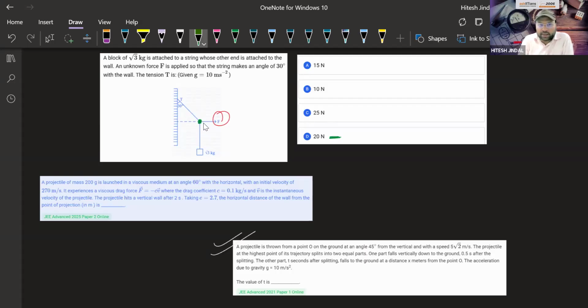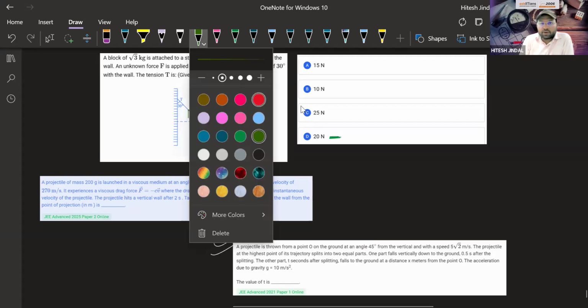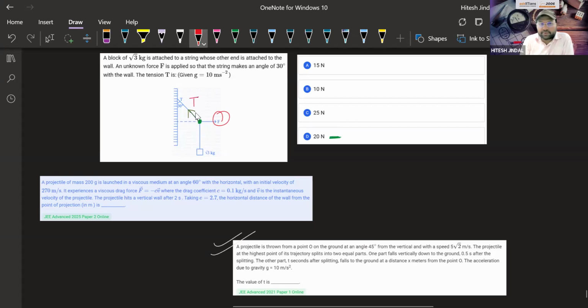The string must be pulling it like this, right? With force T, tension force. And also tension force would be here on this point like this. It is also tension force. Is it correct? And one force you can see in the horizontal, F.